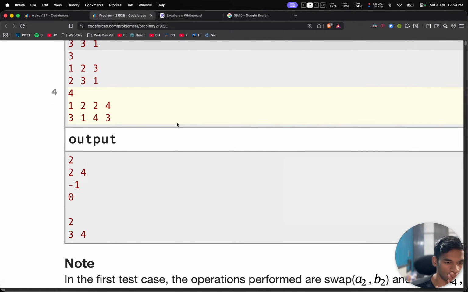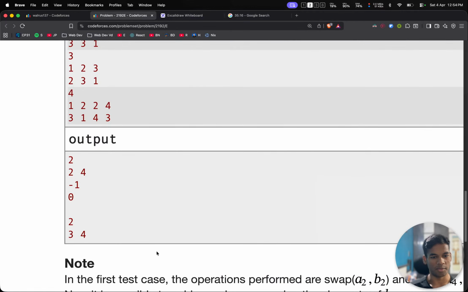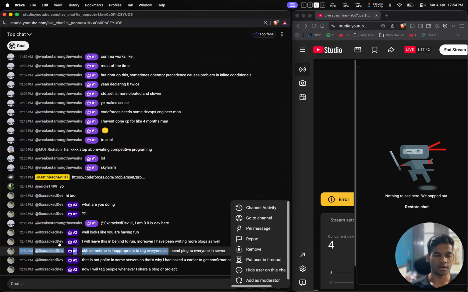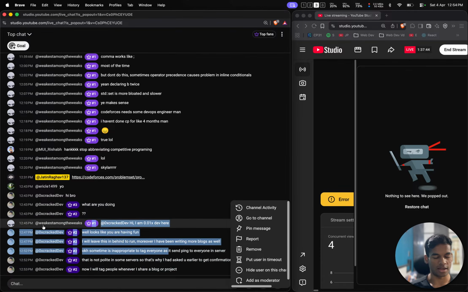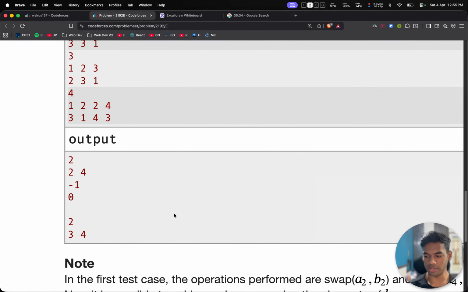Maybe not tag everyone, but tag the people that you know, and if there is anyone else who wants to look at it, they can look at it without tagging them. So you can tag modular, Kakashi, Kilua, and Nick, and me.